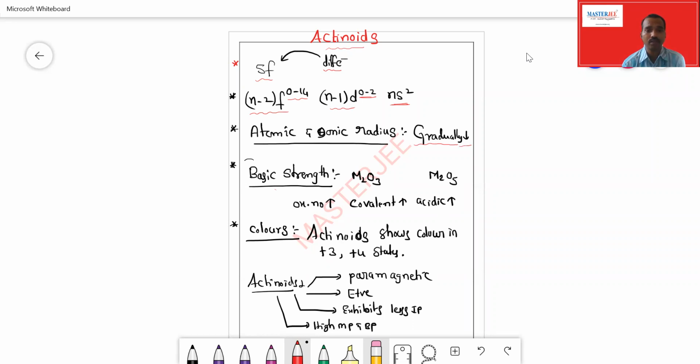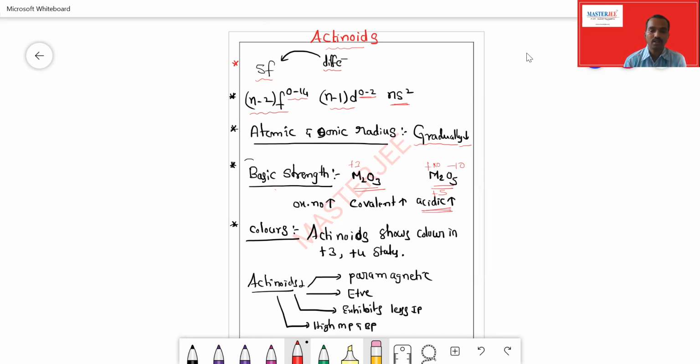Basic strength is also similar. If you compare M2O3 and M2O5, whenever the oxidation number increases, as in +3 and +5, the one with the highest oxidation state has the highest covalent nature, so its acidic nature gradually increases.